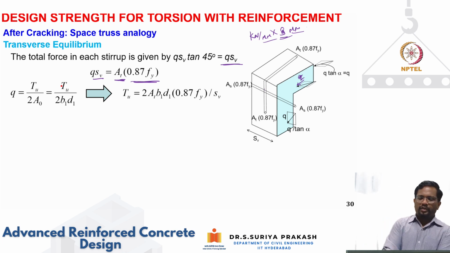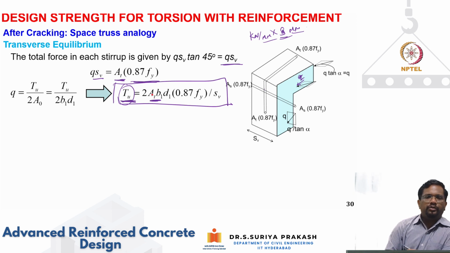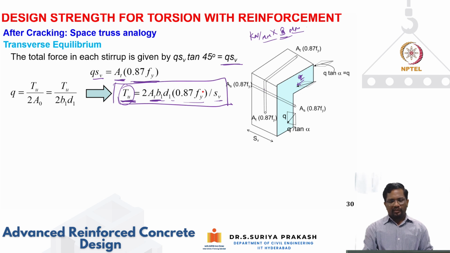In other words, I can relate the torsional moment that I'm designing for to the transverse reinforcement in this form. So if you give me Tu, I should be able to find At in this equation because I know b1 and d1, and I'm going to assume some stirrup spacing. I know the maximum stress that the transverse reinforcement can take. So quickly I can find the At required to resist this Tu.